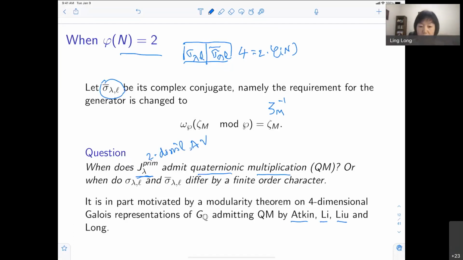We discuss 4-dimensional Galois representations of G_Q admitting quaternion multiplication, basically meaning there is a quaternion algebra acting on the 4-dimensional representation. There is an involution called I, there is another involution called J, and they anti-commute. After the paper was done, the referee asked us how many cases we can come up with. So that was part of the motivation.